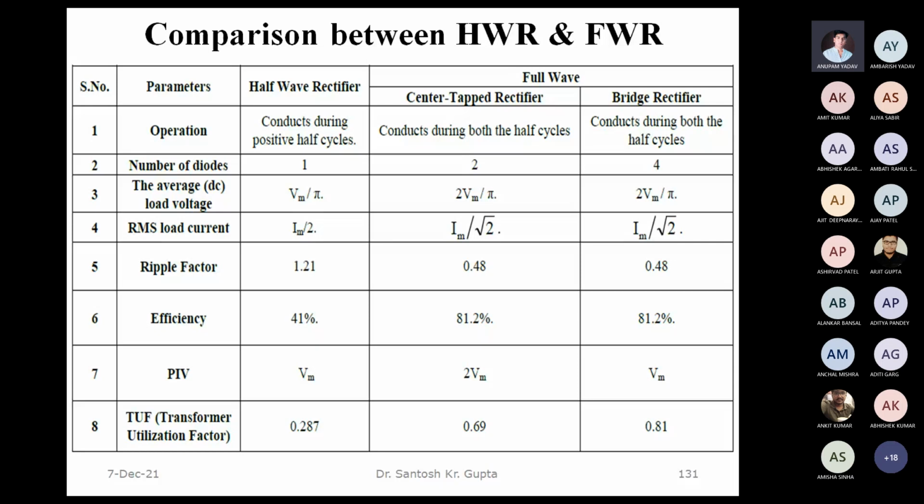Nowadays, in the lab, you may not see the center tap transformer or the transformer. We directly derive the AC signals from the signal generators and give these signals to our circuits, the half wave and full wave rectifiers in our laboratory.